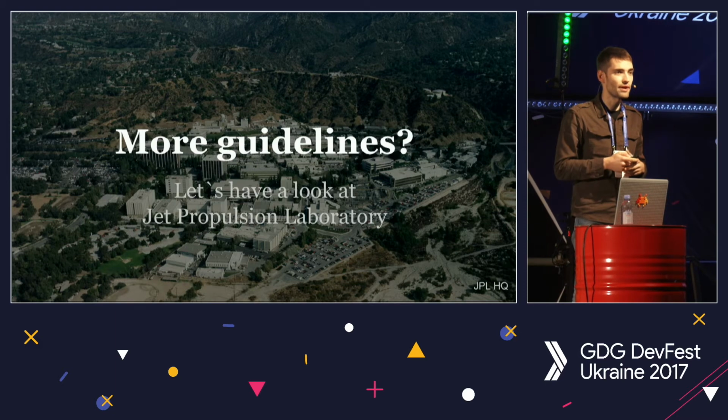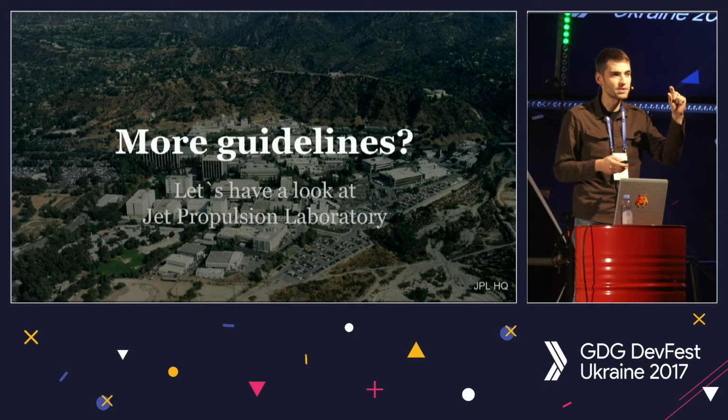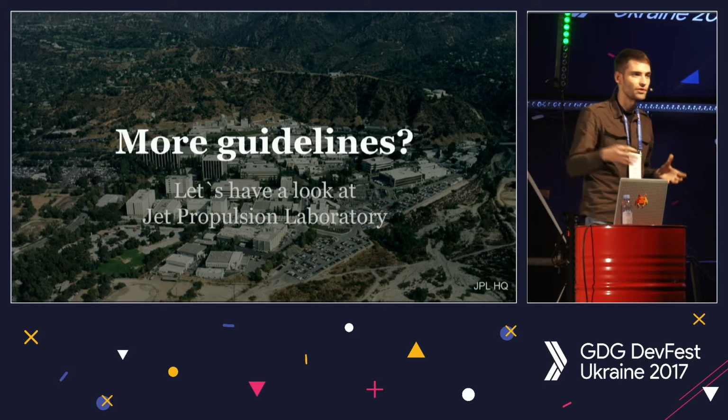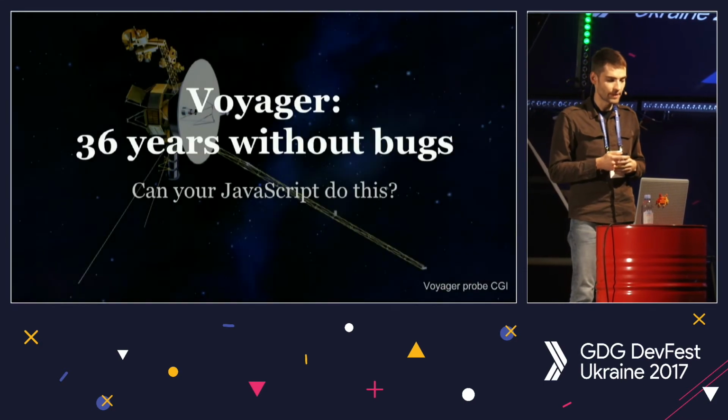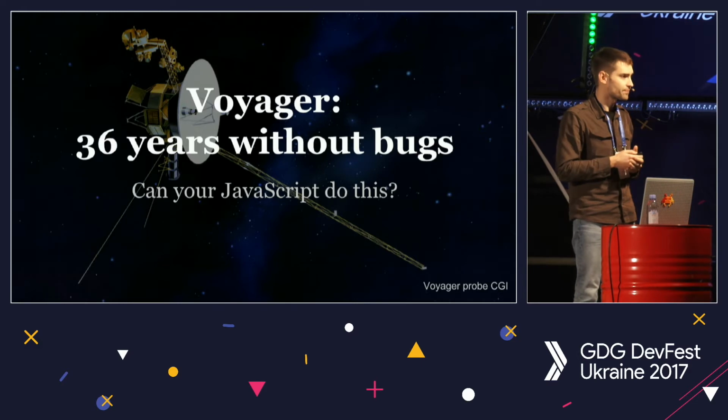Let's try to get there and see guidelines used by NASA. They have a 200 pages book for C code, but then there are essentially 10 rules. We'll try to apply them to JavaScript. First, why NASA?